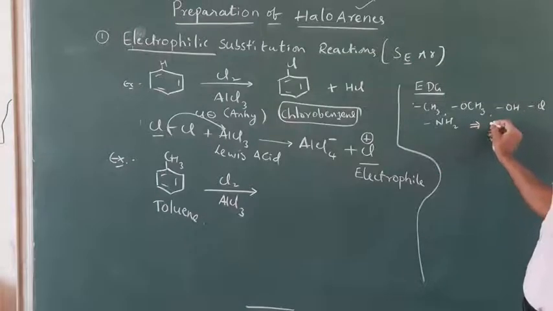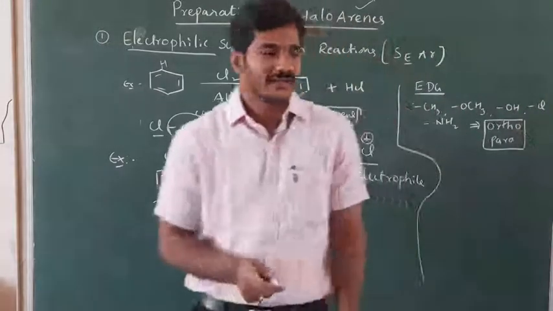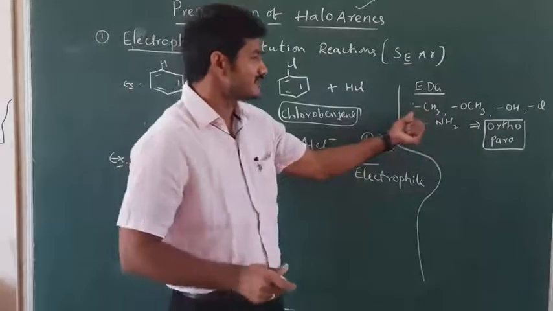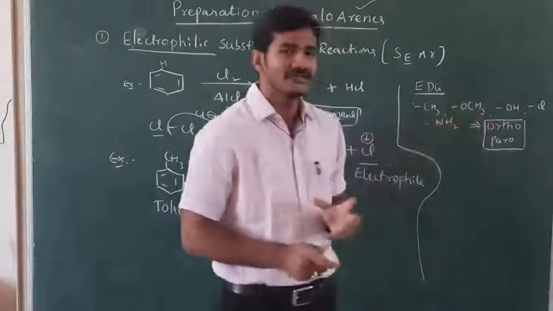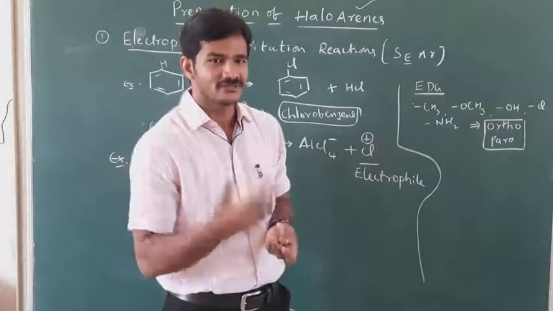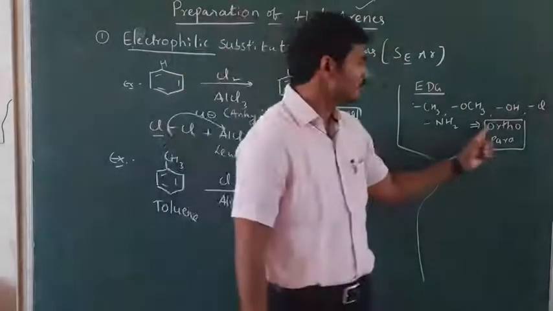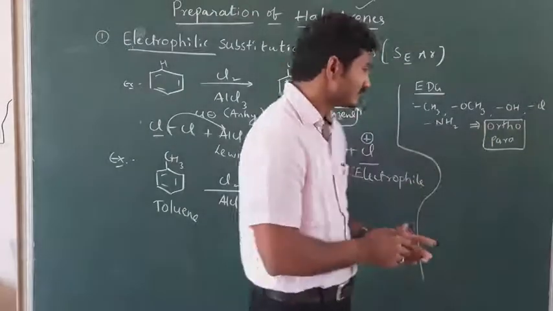Electrophilic substitution takes place at ortho and para positions. So the products will be two products: one is the ortho product, another is the para product.